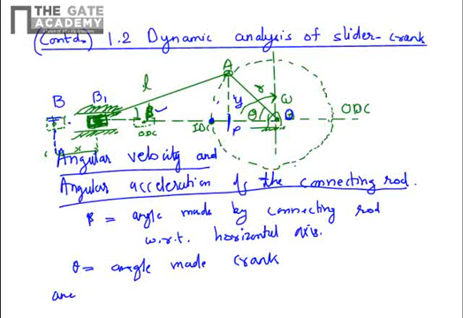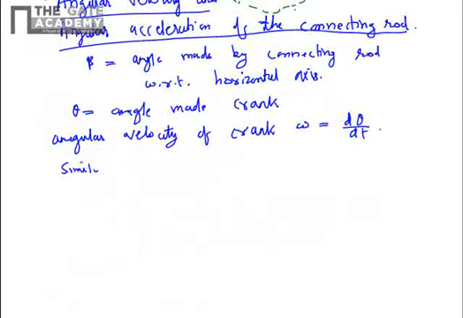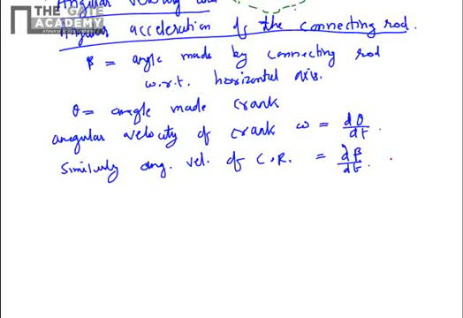So the angular velocity of the crank was d theta by dt. Omega was d theta by dt. Similarly, the angular velocity of the connecting rod will be d beta by dt.